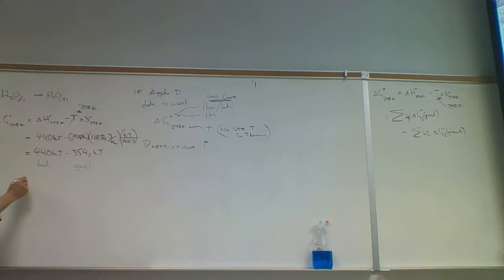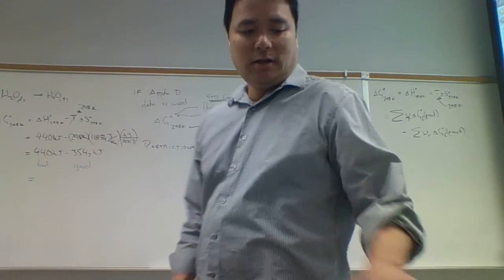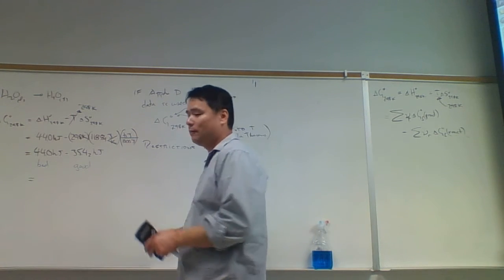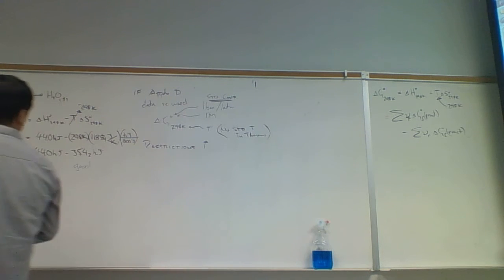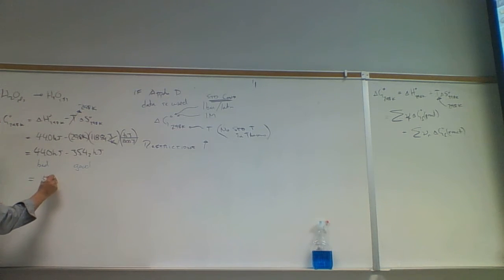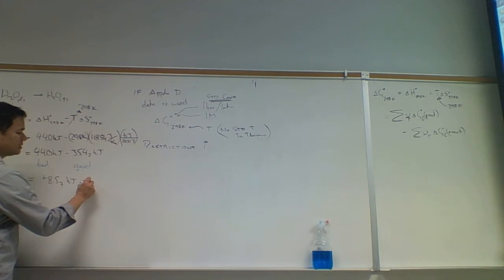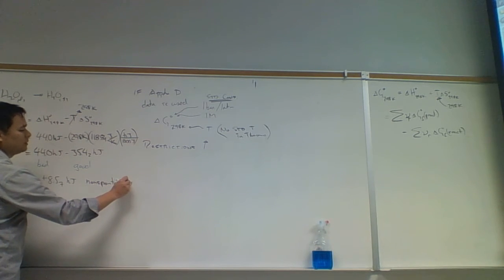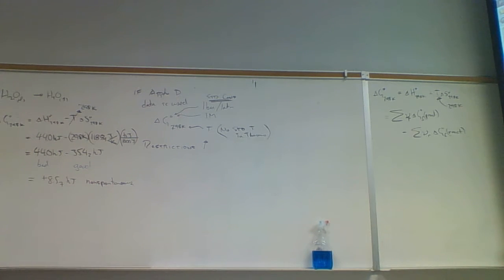And so when we add these up, it comes out to plus 8.57 kilojoules, which means that it's greater than 0, so this is non-spontaneous. And so the entropy wasn't enough. Even though the entropy was good for driving force, it wasn't enough to overcome the bad. And so it's non-spontaneous.